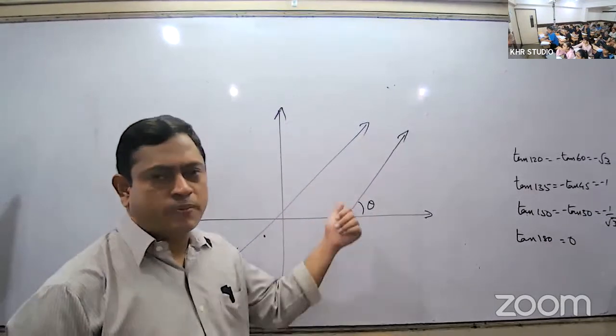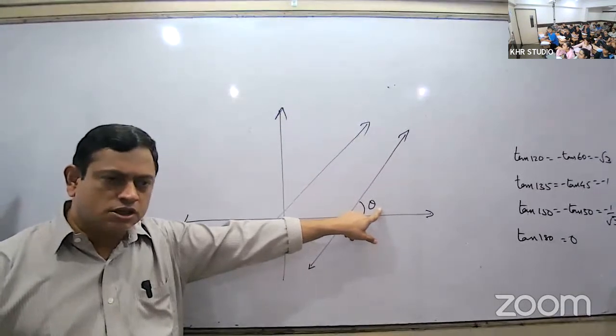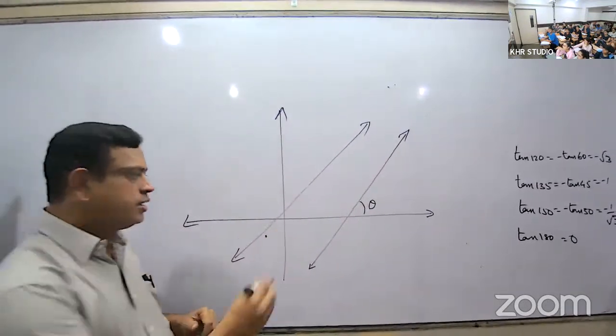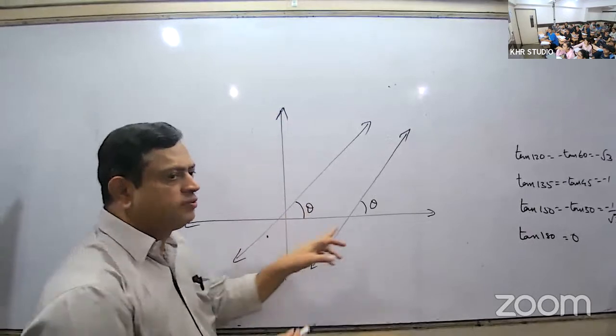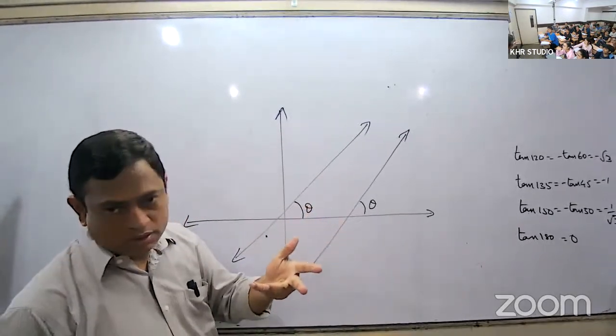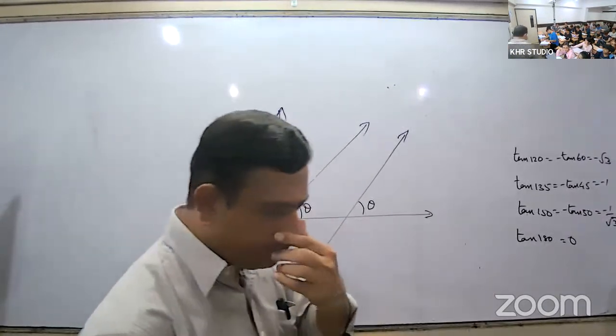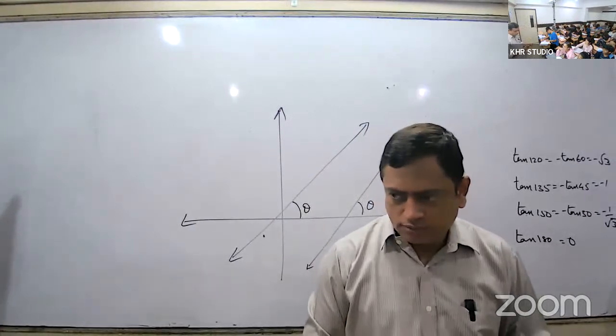If these two lines are parallel, and if the inclination of this is theta, what will be this angle? Same theta. So what is the condition? When the lines are parallel, slopes are equal. Are you followed now? Important properties one by one you are getting.